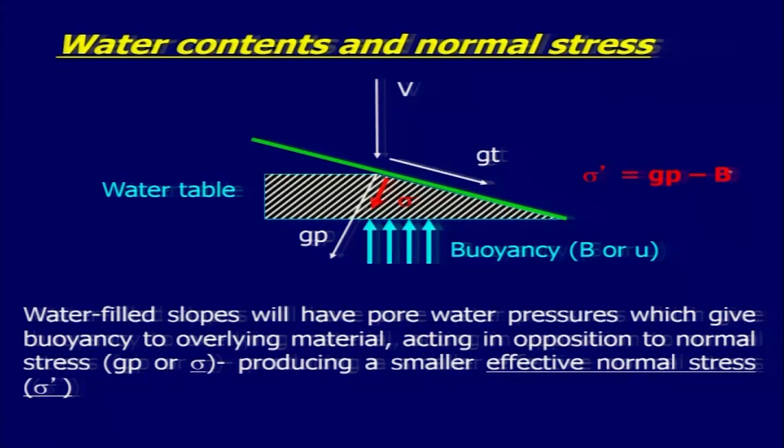So even if you are having a very gentle slope, say around 20 degrees or 40 degrees, where in the previous case it was not moving, as soon as you have water in it, that will have the effect of buoyancy, resulting in the effective normal stress, which will be lesser than the GT and result in slope failure.